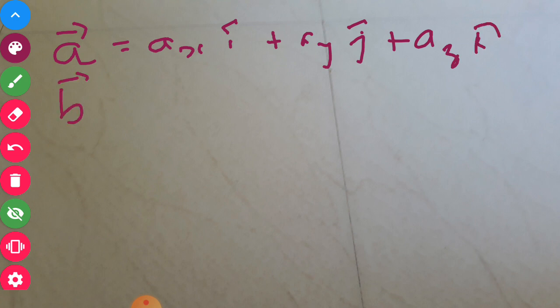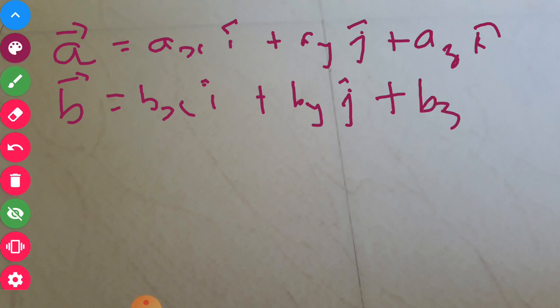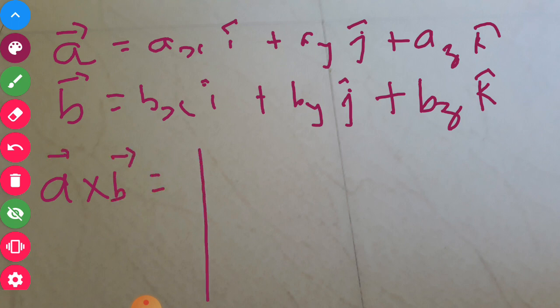Similarly vector b has bx i cap plus by j cap plus bz k cap. Now if you want to find a cross b, then we have to put it like this. This is called a determinant. Here you write i cap, j cap, k cap.